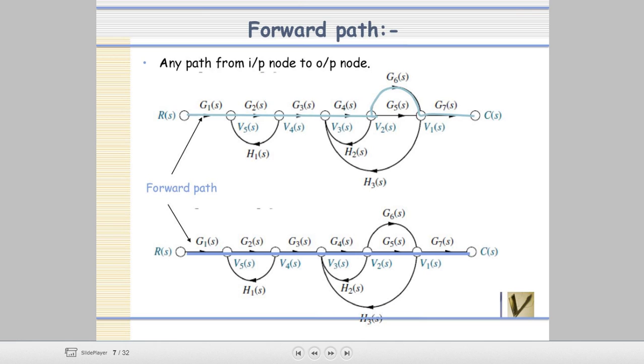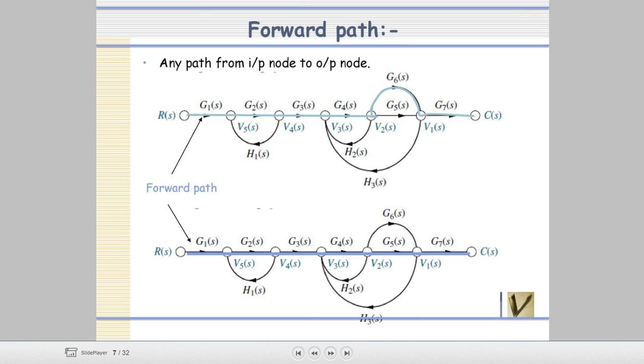So how are we going to describe the forward path? Any path from input node to the output node. This is input node, output node. So in this diagram we can see the paths of those arrows, we have to follow those paths and decide the forward path.